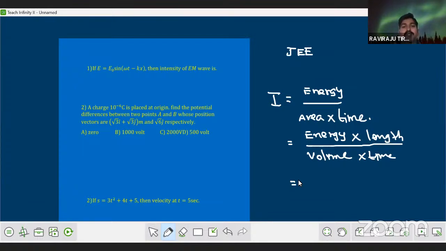So, in terms of energy by volume, which formula do we write? Half epsilon naught E square. That is half epsilon naught E square.